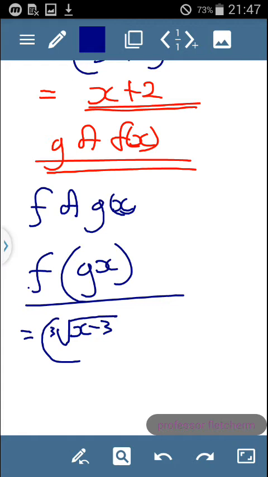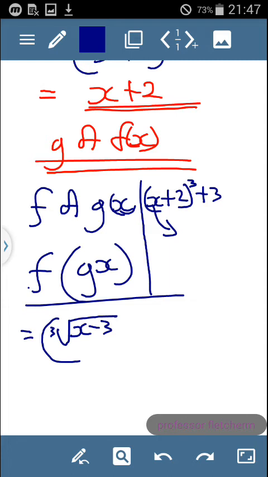Remember, our f of x was (x plus 2) cubed plus 3. So when we are substituting for x, the g of x will be substituting where there's an x.